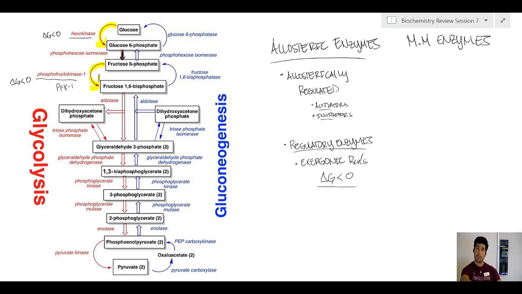Don't focus on what's on the right. I know that there's an arrow going up, but that's a topic for another review session. Let's just stick with what we know on the left-hand side. Phosphofructokinase 1 takes fructose 6-phosphate, converts it to fructose 1,6-bisphosphate, and that reaction is spontaneous, so therefore it is not reversible.